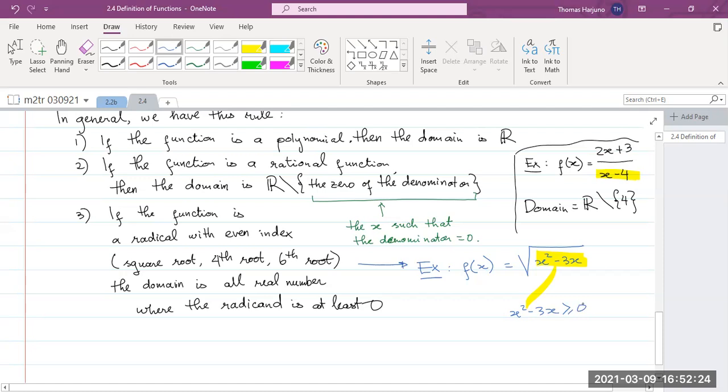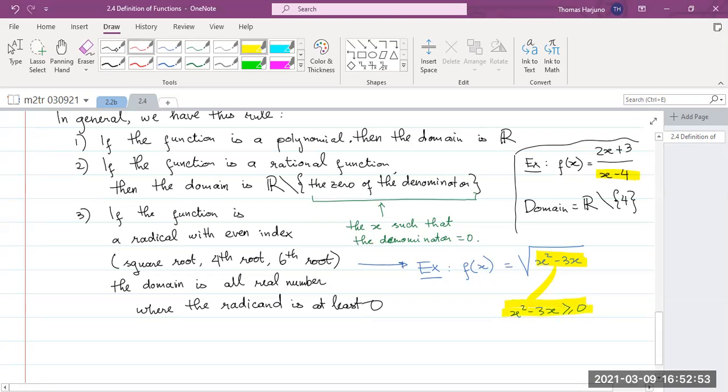Is it okay? I think only those three types of functions are what we'll be dealing with before chapter 3. Now suppose we have this function f(x) equals square root of x squared minus 3x. Then what's the domain? We basically need to solve this inequality.